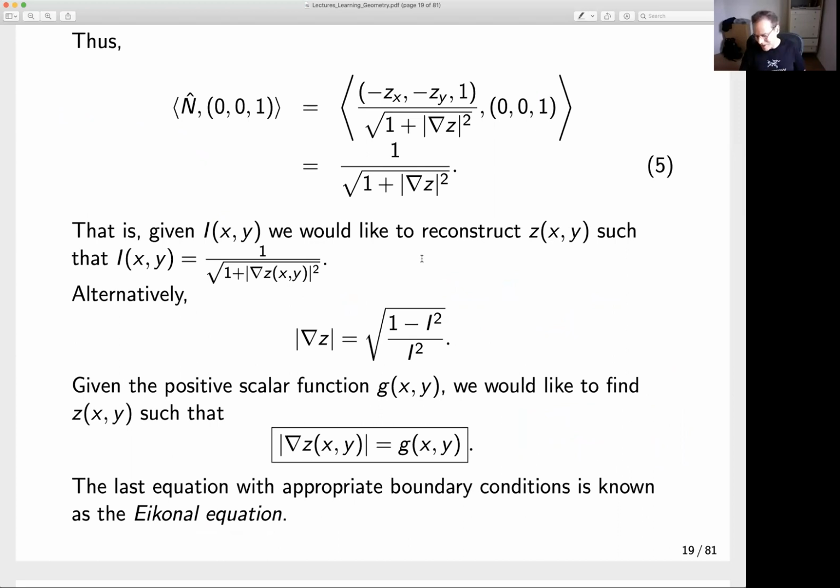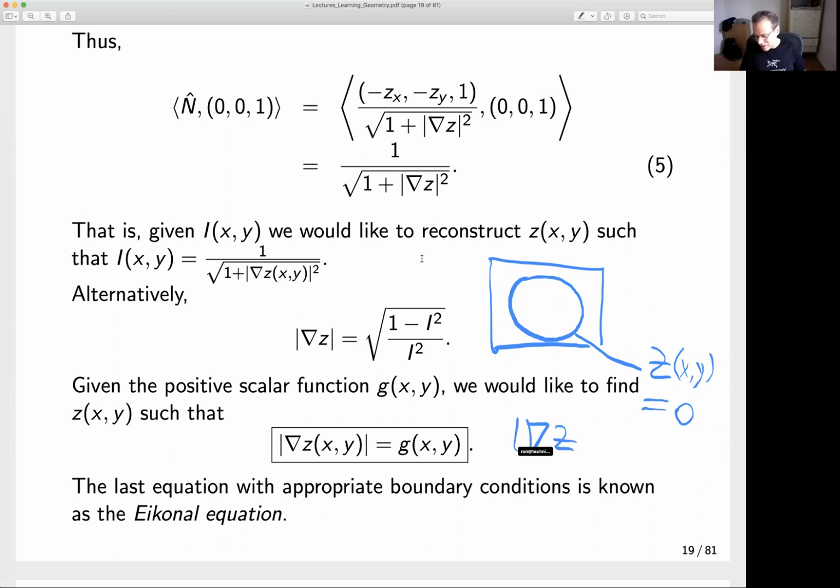For example, let's assume that all these points along this set have the z of x and y equal to not 1, but rather 0. So how would the solution of gradient of z equal to 1 look like?